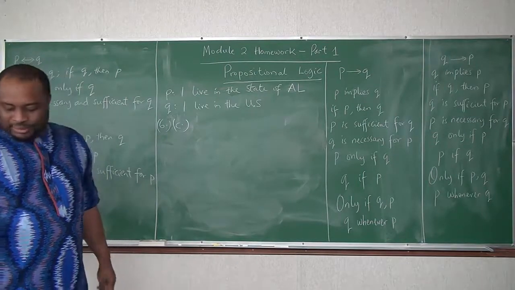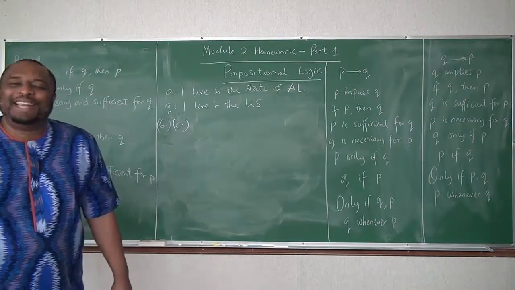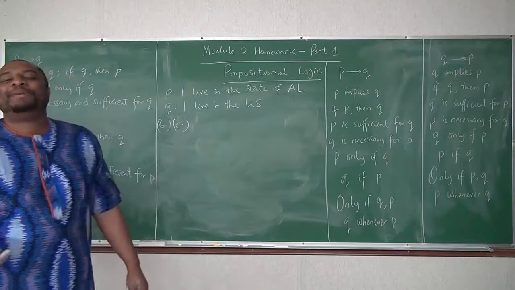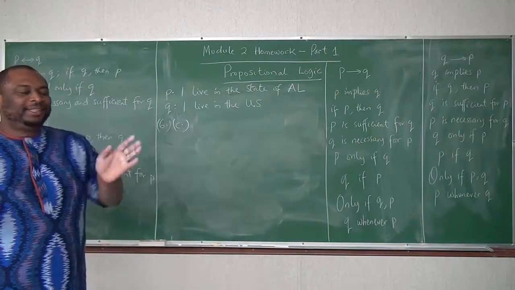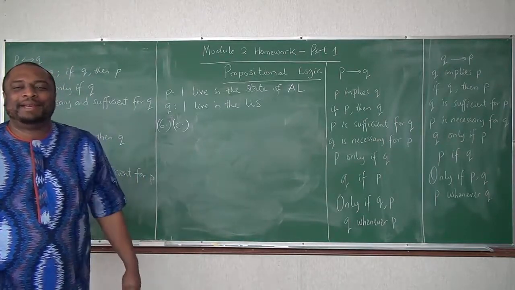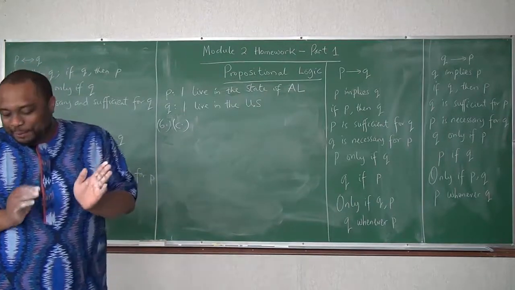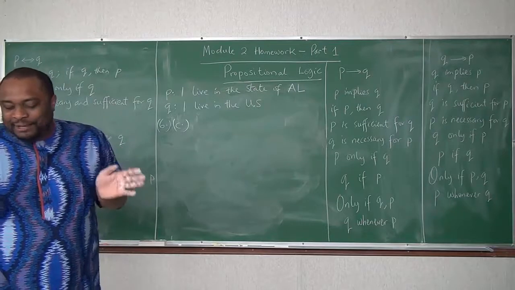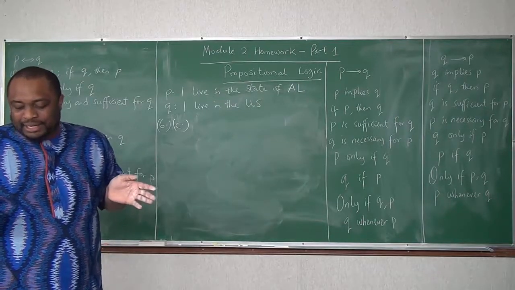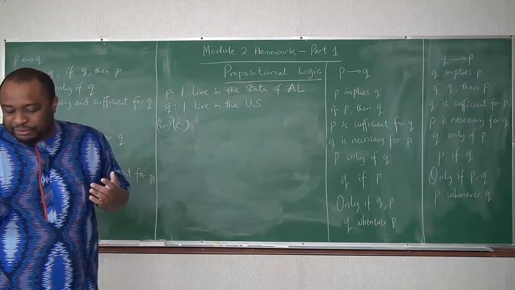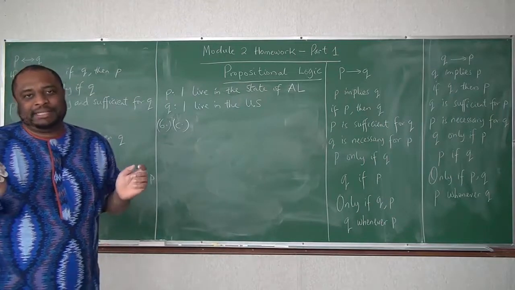Let me put it in correct English, because in your assignment that is not correct English. Living in the state of Alabama is a necessary condition for living in the US.